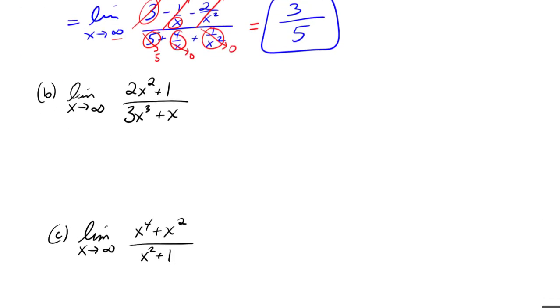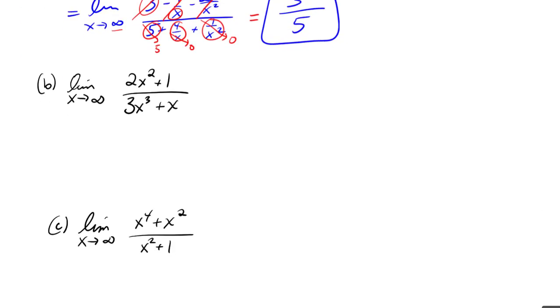All right, so let's look at B now. Let's do the same thing. We notice that it would be going to infinity over infinity, so we have to do more. So we'll again divide through by the highest power in the denominator, which this time is going to be x cubed.